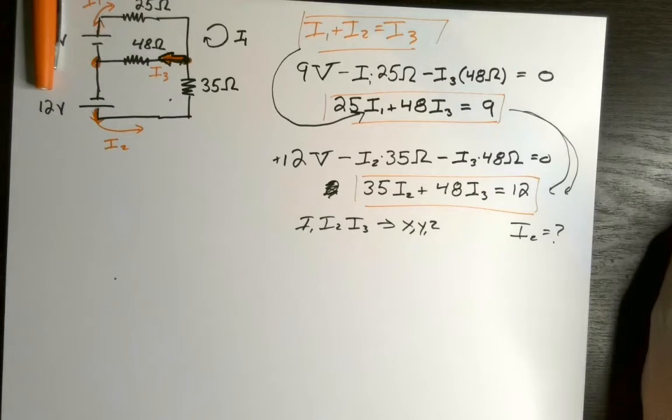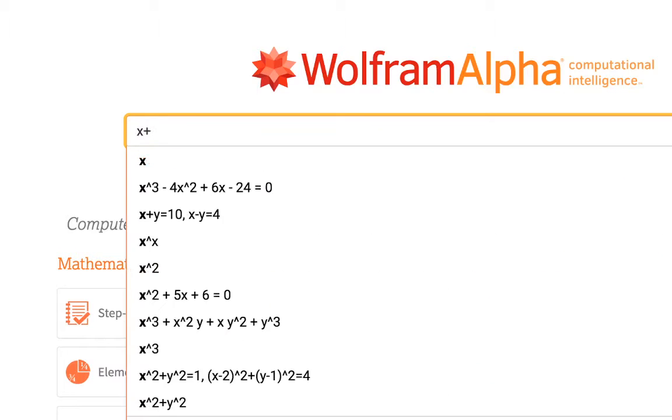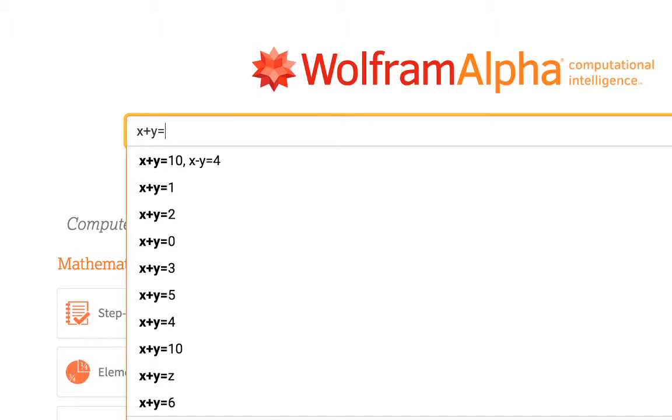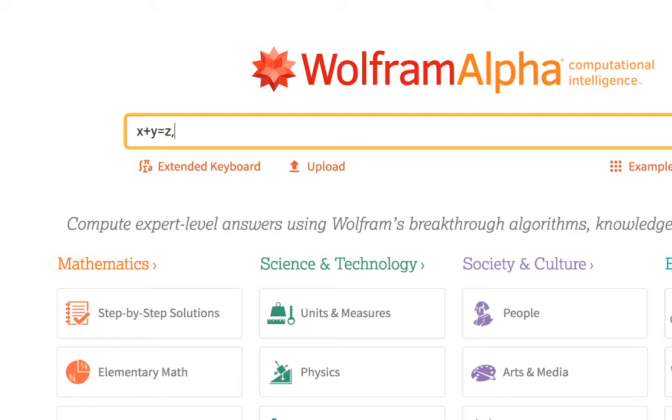So let's see if I can switch over to... yeah, so we're in Wolfram Alpha. What are our equations? Our equations are I1 plus I2 is I3, so x plus y equals z. Our other equation is 25I1 plus 48I3 equals 9, so that's 25x plus 48z equals 9.